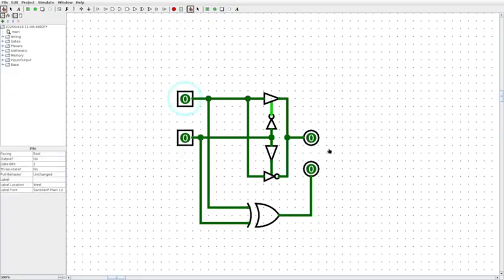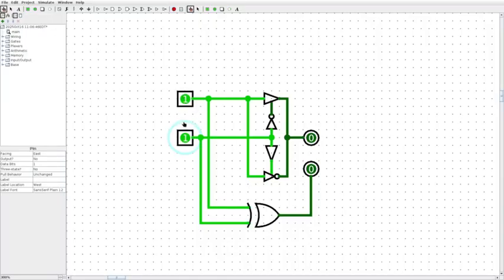You'll see that these two outputs will always be equal. When the inputs are the same, the outputs are off. And when they are different, the outputs will be on. So you could say that an XOR gate is a component that uses one input to decide whether or not to invert the other input. And this has a certain sort of symmetry to it.